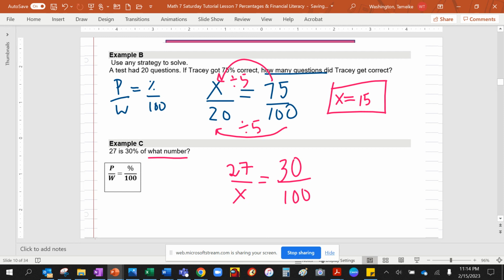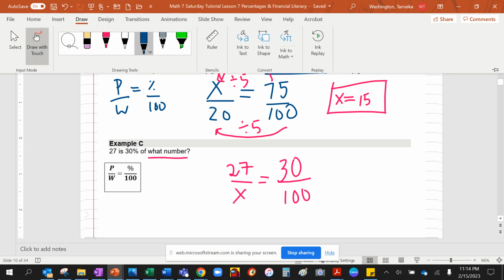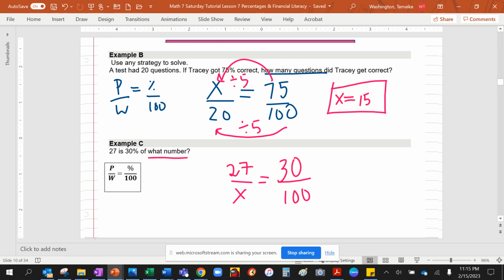So one of the simplest methods here is to simplify, then multiply. I would simplify by dividing the numerator and the denominator by 10, which would give me a new proportion of 27 over x equals 3 over 10.